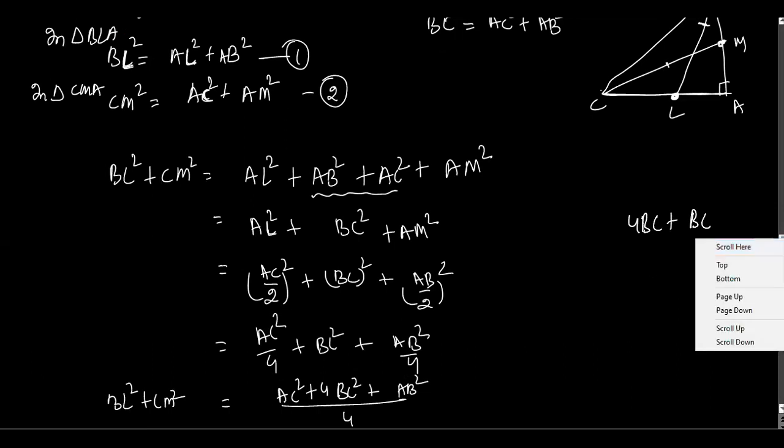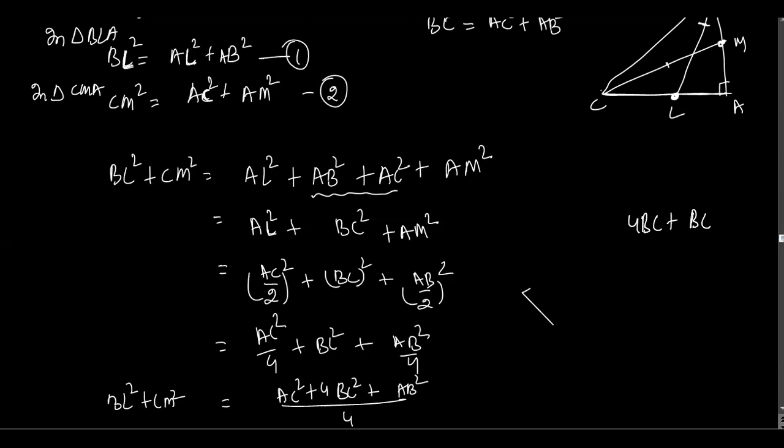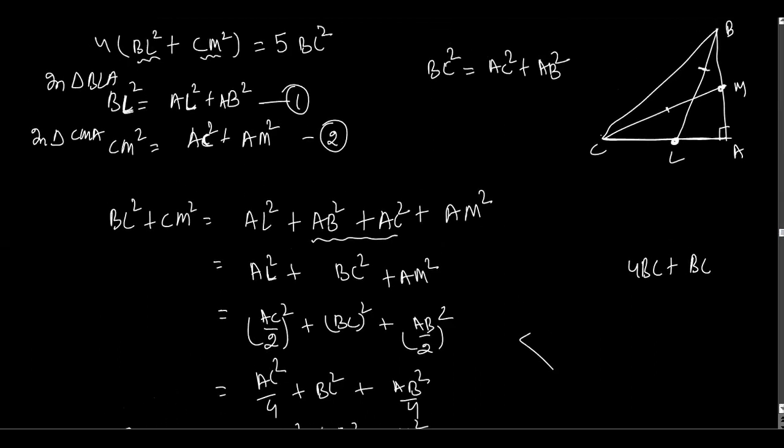So instead of writing AB square and AC square, we can write BC square. Upon 4 we are having here, that will be BL square plus CM square. Now this 4 will go to that side, and it will become 4(BL square plus CM square) is equal to 5 BC square.